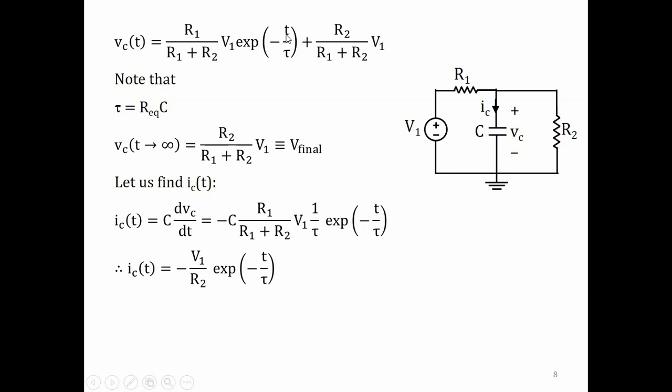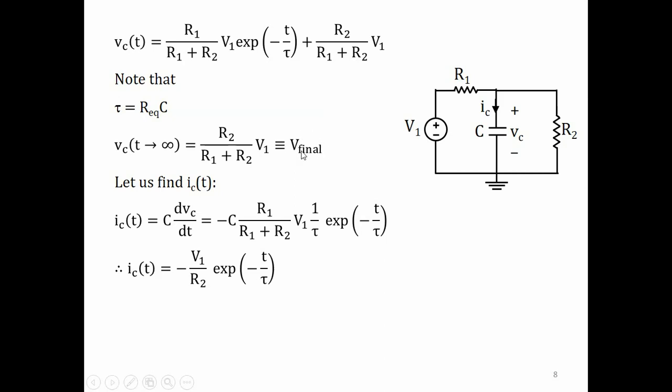So this term becomes 0. So as t tends to infinity, the capacitor voltage acquires this DC value, which is called the final value of the capacitor voltage.